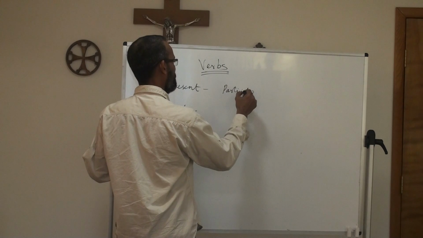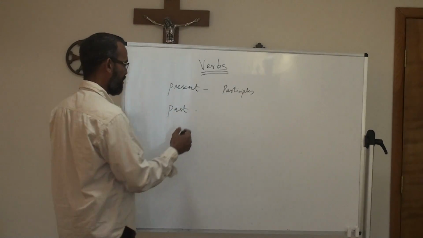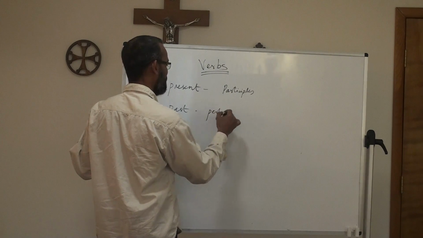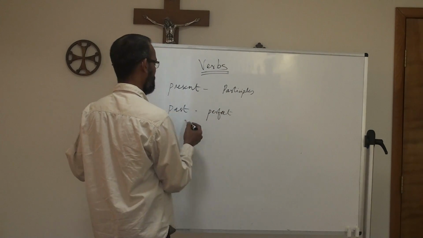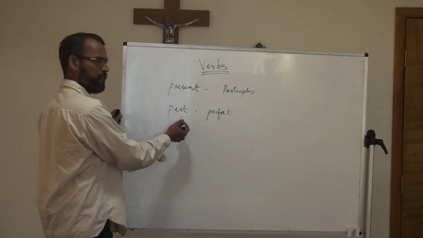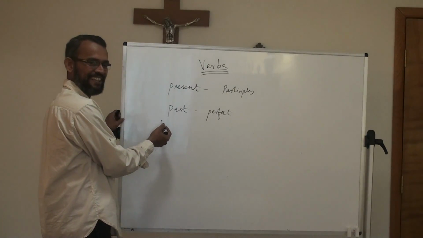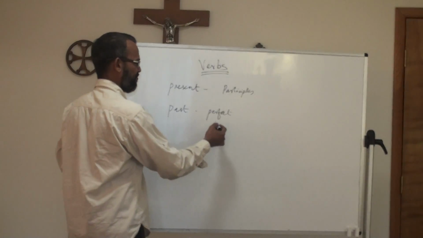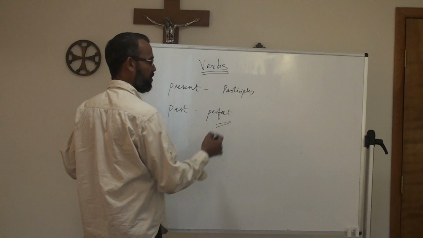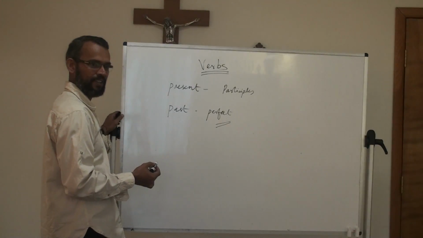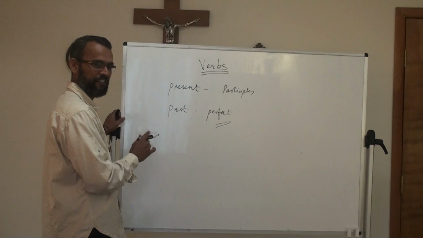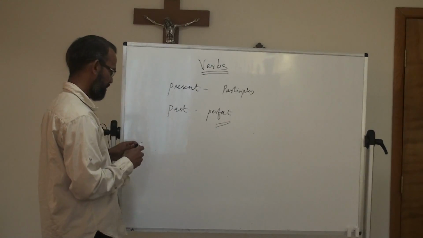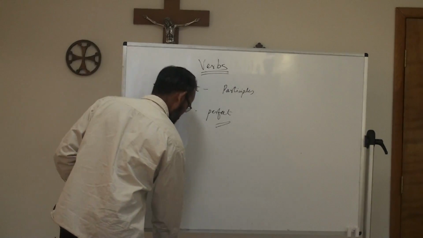Instead of present tense we will be using participle, and for the past tense we'll be using the term perfect tense. It's very similar to the past tense, but we cannot exactly call it a past tense. So we will better use the term perfect. Some action perfected. And instead of present tense, we'll be using the term participles.